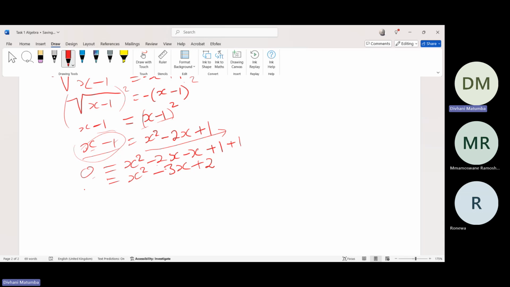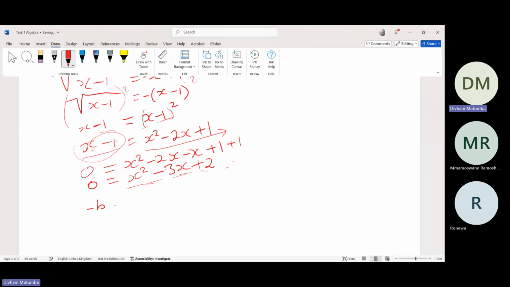Now, how do we solve, or how do we factorize this one? Again, I urge you guys, given that you have learned the quadratic formula, whenever you get a quadratic expression, just use the quadratic formula. It's very simple.